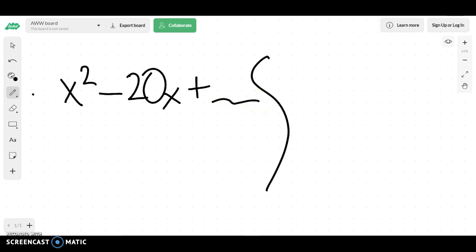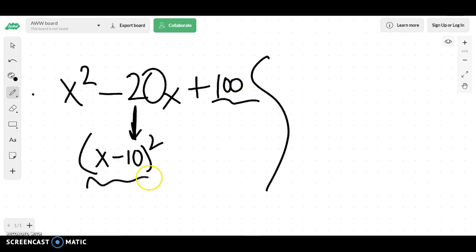Well, then you would do the exact same thing. You would go, okay, now I have x minus 10 squared, because half of that is how I get to there. And this, I know will be a positive, because you can't take the square root of a negative number, and negative 10 times negative 10 would be positive 100. So this last number will always be positive. It's just now my inside part would become negative.